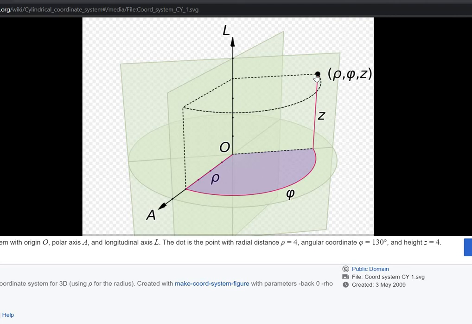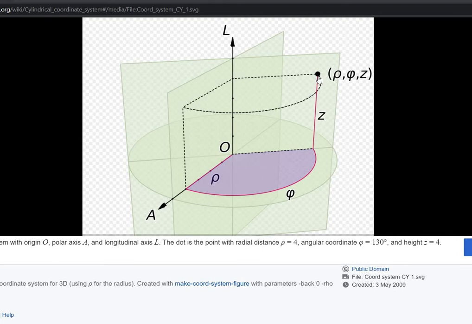Then how will you calculate the cylindrical coordinates? In place of rho, phi, you have to consider r, theta, which is the polar form. So how can you find this?